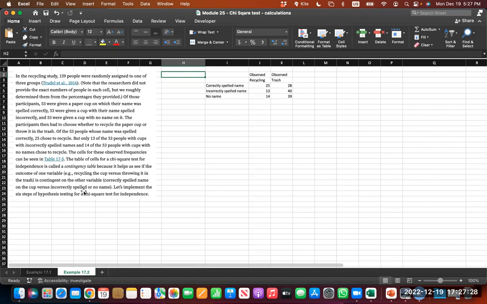Your dependent variable is your outcome, which is your observed count: either your coffee cup ended up in recycling, or it went into the trash. The interesting psychological idea behind it is that if you see your name on a coffee cup, you may be more likely to recycle it rather than throw it in the trash.